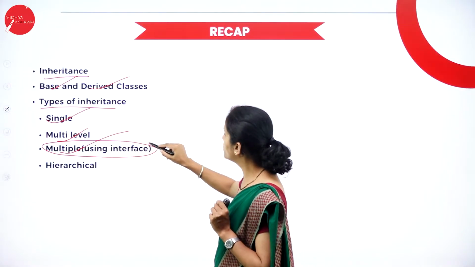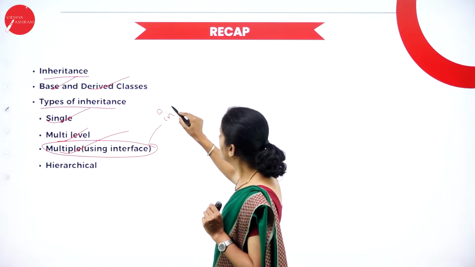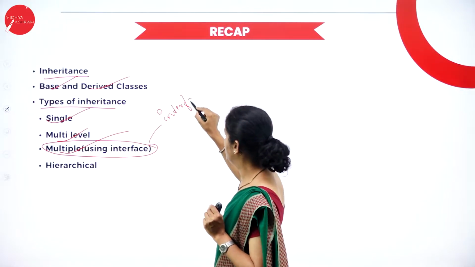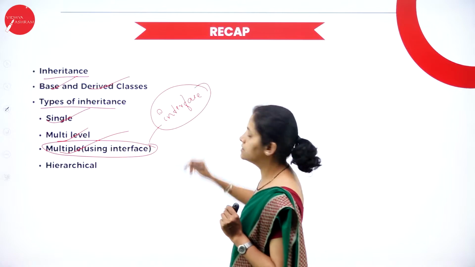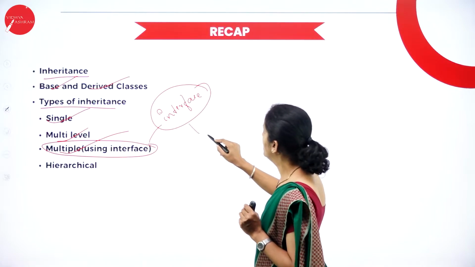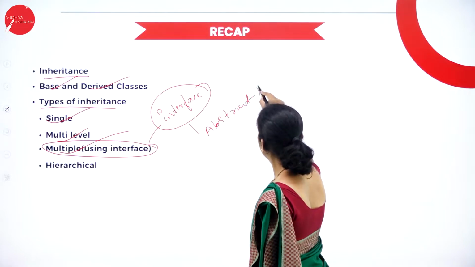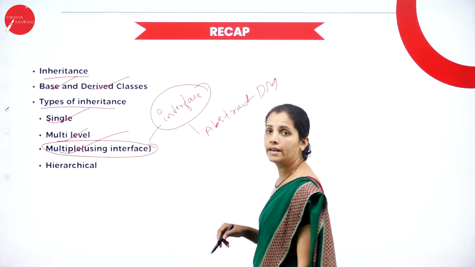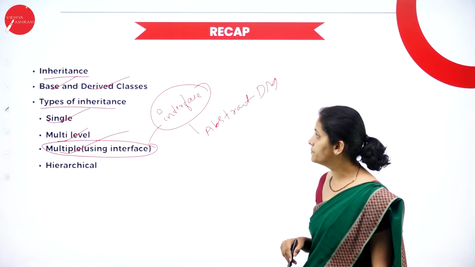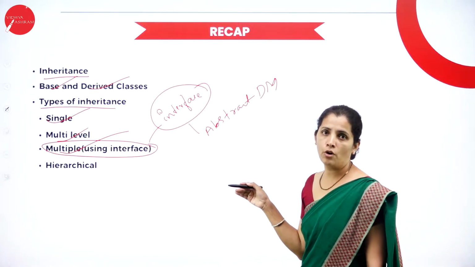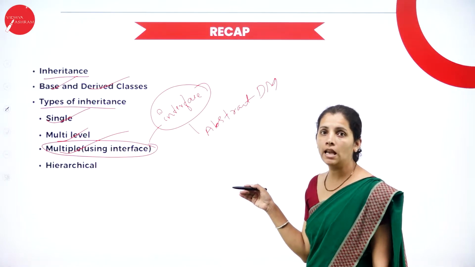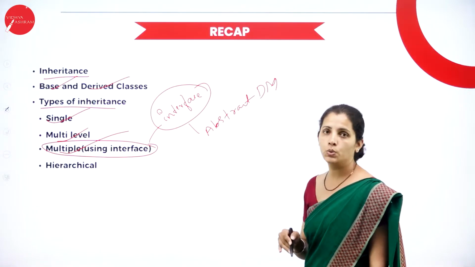For that, I'm going to have the concept called interface. So what is interface? That includes abstract data members and abstract methods. These are the few topics I covered in my last session of this unit.